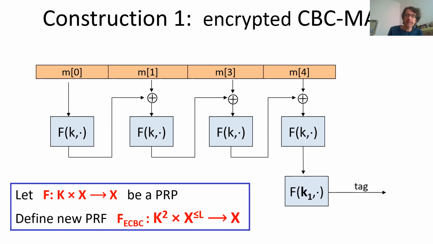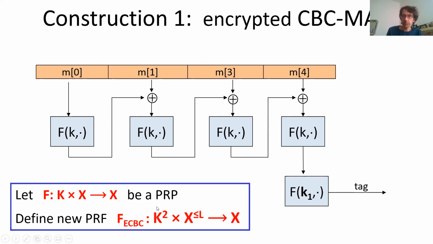And this whole thing defines a keyed function, whose keys are pairs, on what domain: any strings containing at most L items from domain X. This is the new domain of this new function. And the claim is that this is a PRF.